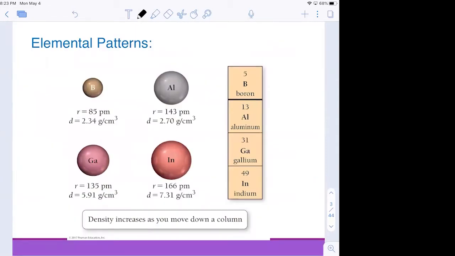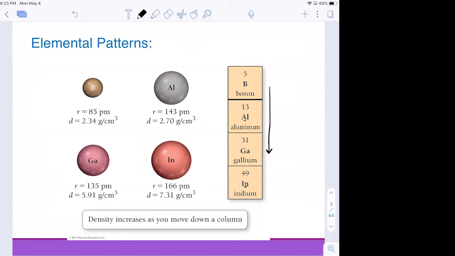Let's just get into a couple of elemental patterns. First, density was one. Atomic radius is another one. When we look at moving down a column, this is just a pulled out version of that same column where we had aluminum and indium in the previous example. And what we see is density does increase.